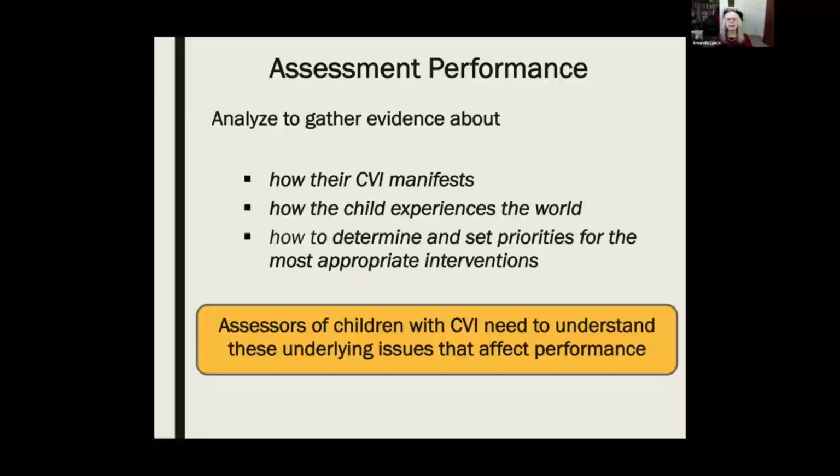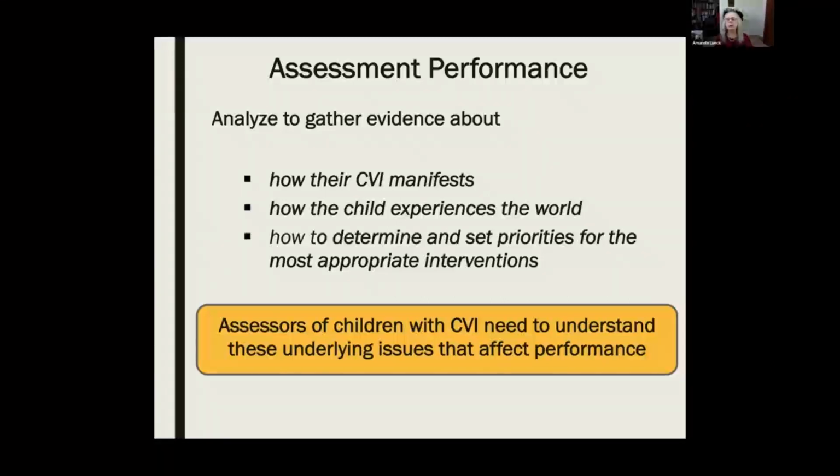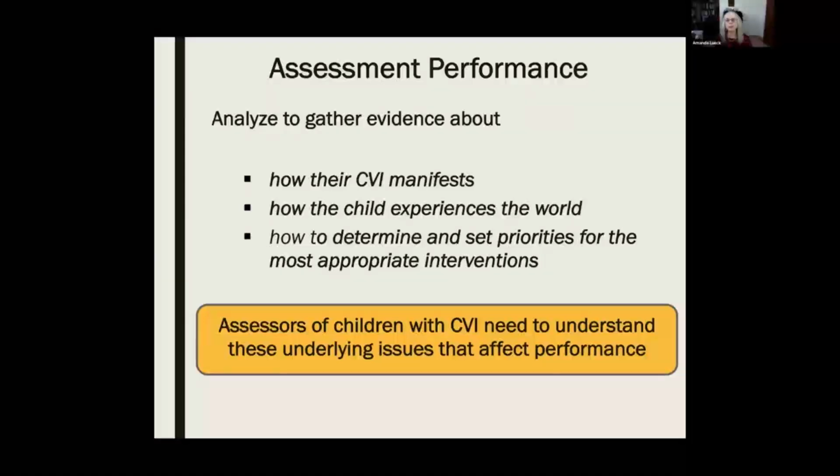So in assessment performance, we need to analyze and gather evidence about how the child's CVI manifests, how the child experiences the world, and how to determine and set priorities for the most appropriate interventions. Now, I want to go into point 2, how the child experiences the world.